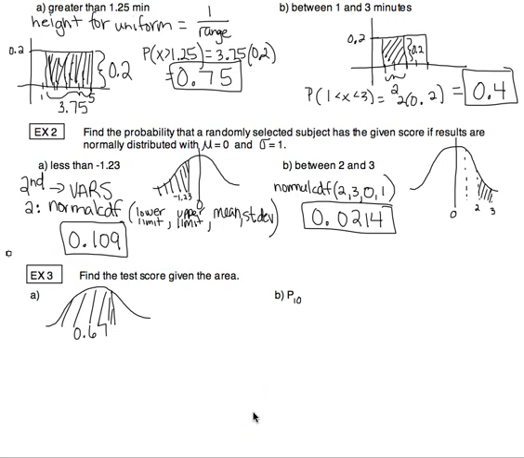Okay, when we are working backward, we do not use the same calculator prompts as when we're going the forward direction. So when we are finding probability, we use normal CDF. When we are trying to find the value itself that gives you a specific probability, then what we're doing is inverse norm.